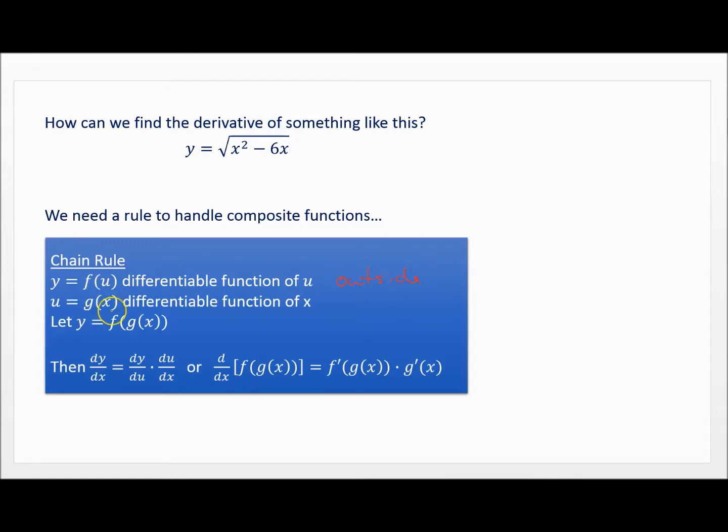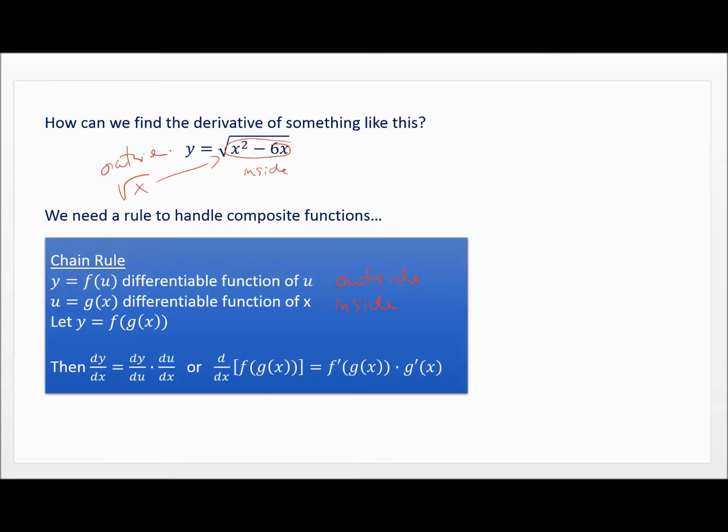The g of x function is the inside function. I use that so much, I want you to be familiar with that. So notice how g of x is on the inside, f is on the outside. If you have that situation, which we do above, by the way, the inside function here is the polynomial x squared minus 6x, and the outside function is the square root of x.